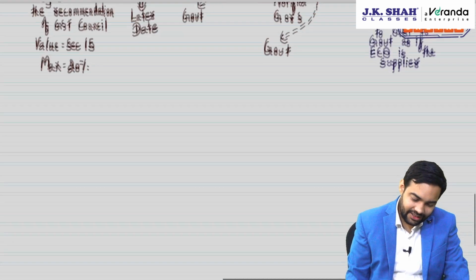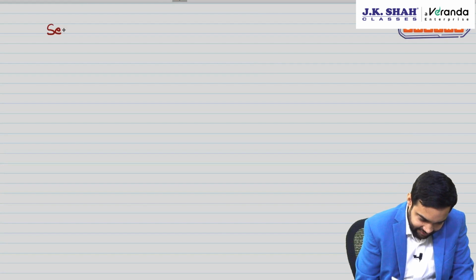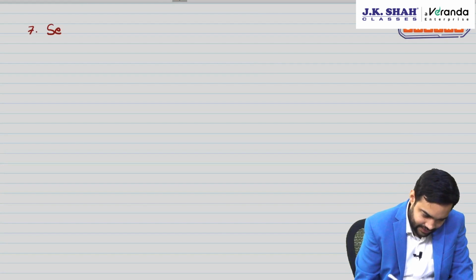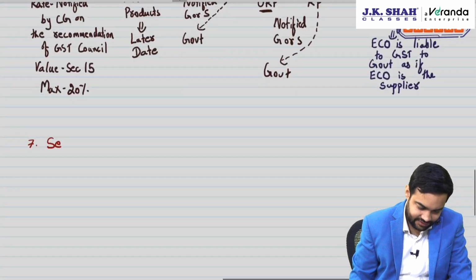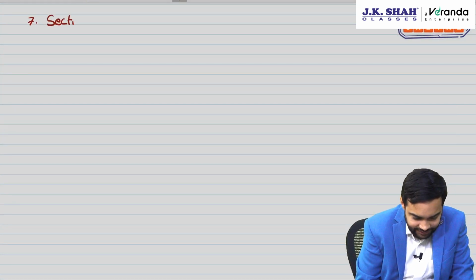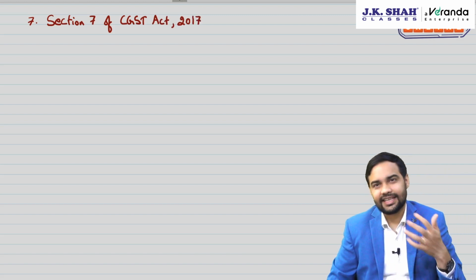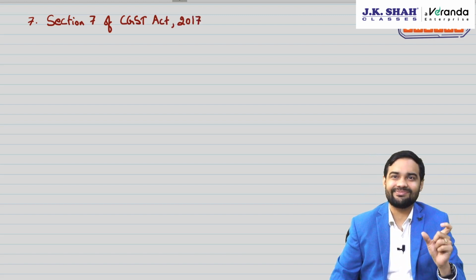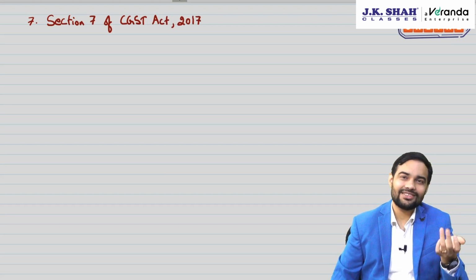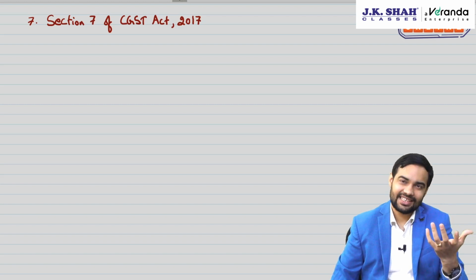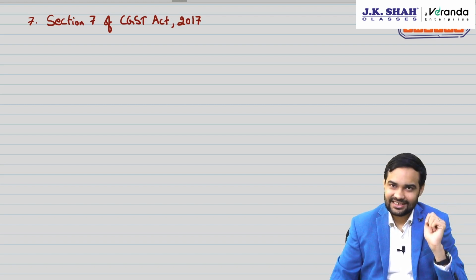Now, coming to the main part, section 7. Section 7 of CGST Act defines the scope of supply. Is supply a very important discussion? Yes, because in the entire charges section, the law uses the term interstate supply, intrastate supply. So the importance of supply is dealt in a separate section, section 7 of CGST Act.